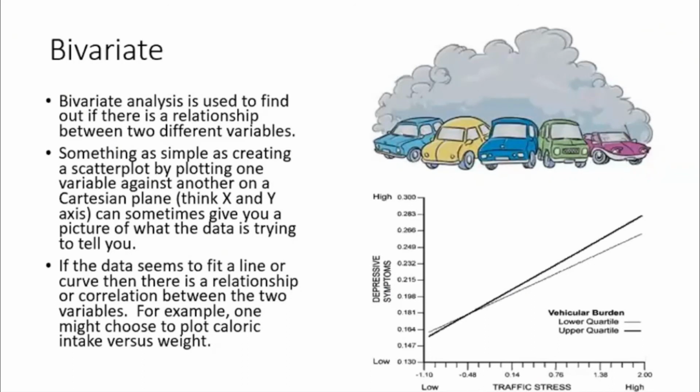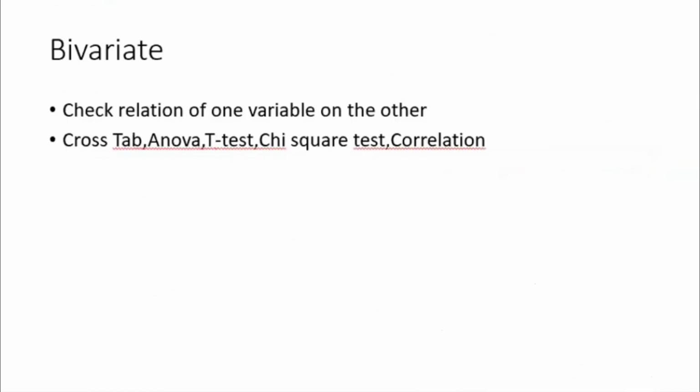We have 2 groups: one is control group, one is experimental group. Most of the bivariate studies, the analysis which you do is crosstab, ANOVA, t-test, chi-square, correlation, and there can be many more. Regression is also there. There must be some 30-40 bivariate tests. I have just named the ones which are most common.